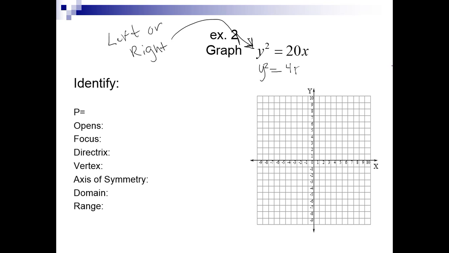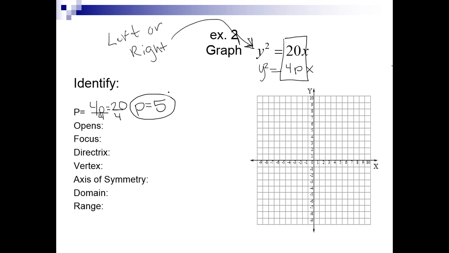I have 4 times P times x, so this 20 is going to relate to this 4. So I'm going to go over here and put my equation: 4P equals 20. If I divide by 4, I get P equals 5, so it's a positive 5. So if you look back, is my parabola going to open left, or is it going to be opening to the right?